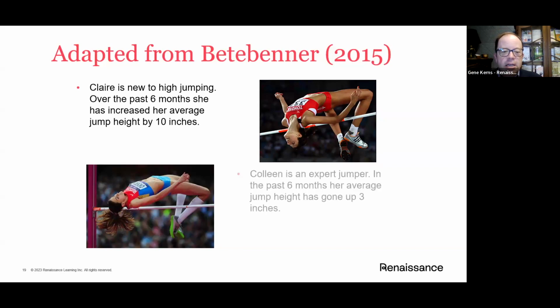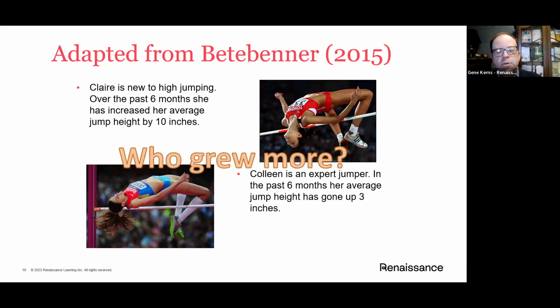On the same team with Claire is Colleen. Now, Colleen's an expert in high jumping. She's been doing this for a while. In fact, she's so good, she's gone to state level competitions for the last 2 years and placed among the top. During the same time period, the last 6 months, her average jump height has gone up by 3 inches.